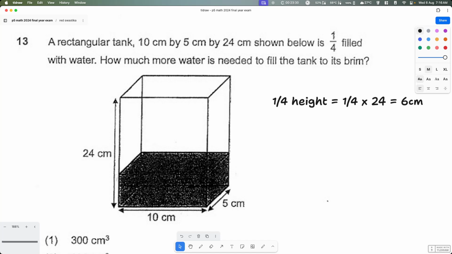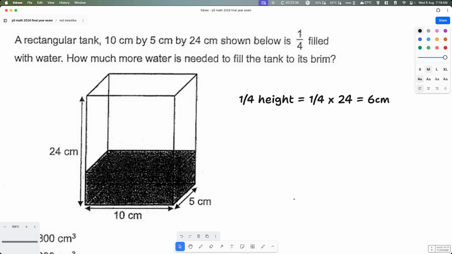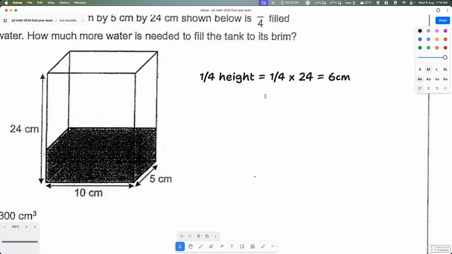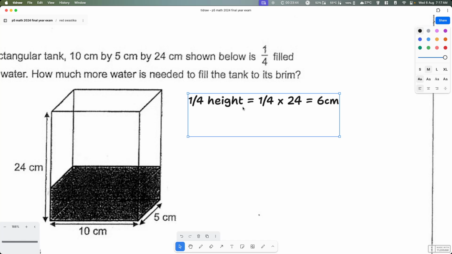So how much more water is needed to fill the tank? This is one way, I would say. Let me think. So 1/4 height is 6 centimeters.